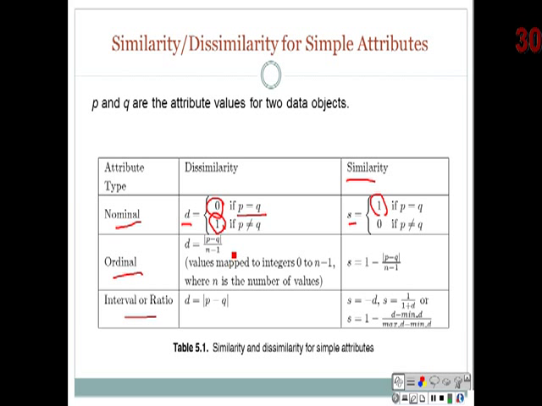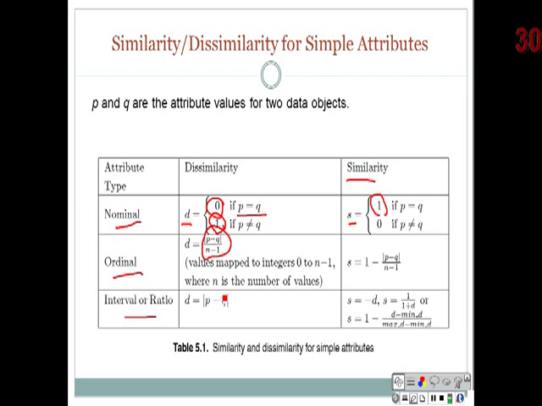For the ordinal data, you can apply, as we did previously with the example from 0 to 10, for each data point, you take the difference of the two points and divide it over the number of objects minus 1. Or you can measure the similarity, which is the complement, 1 minus this value.